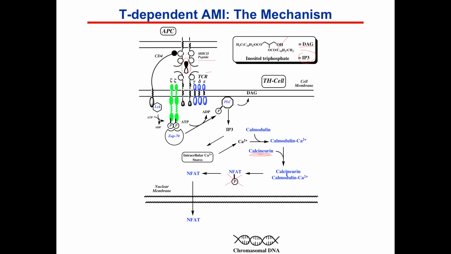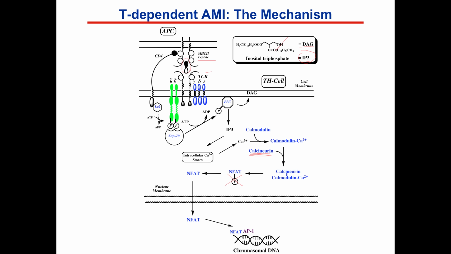Now, once the NFAT transcription factor goes across that nuclear membrane, it will bind to the DNA, and what is also recruited there is another transcription factor, AP1. These are two very important factors.